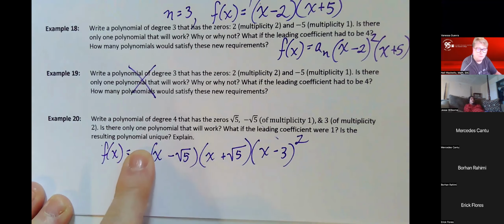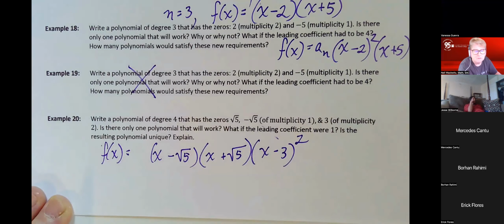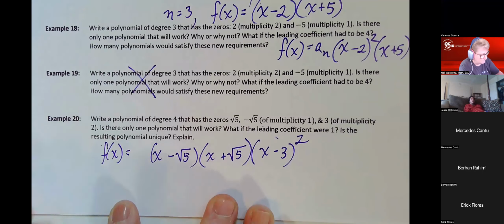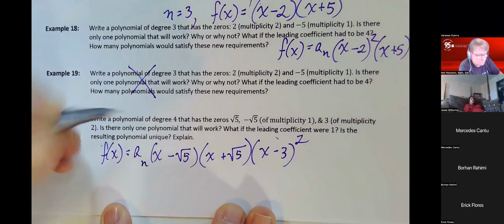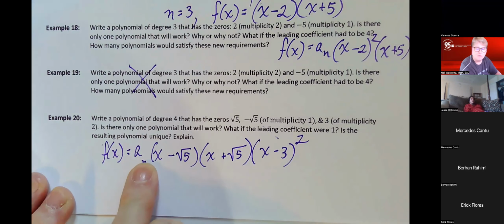Could any number go in the front of this and still make all of that first line true? As long as it doesn't have an x in it, any number at all can go in the front.